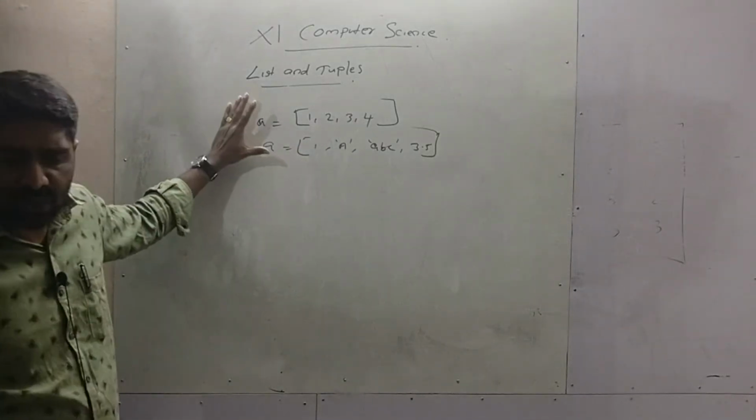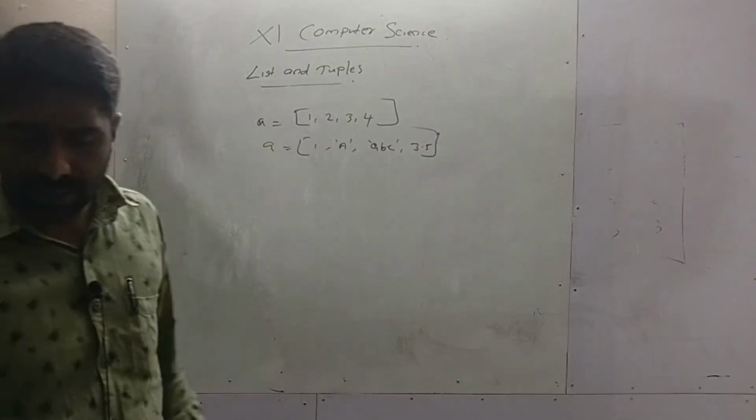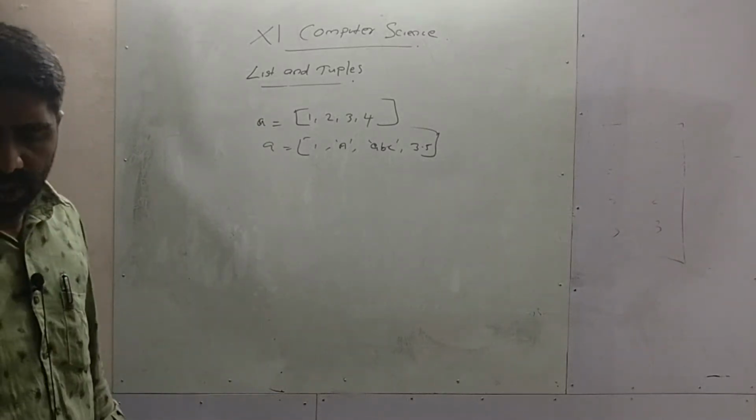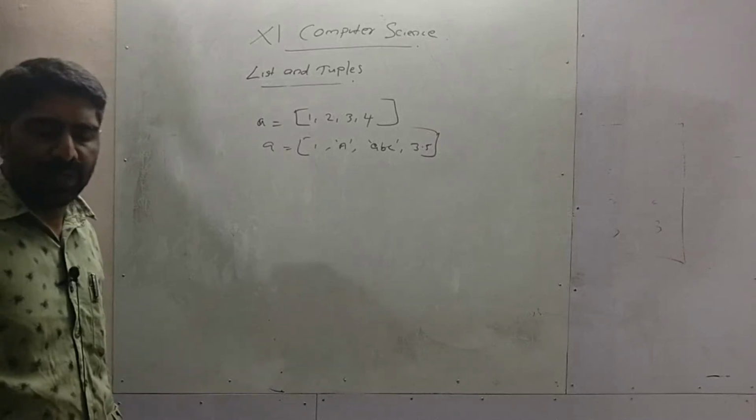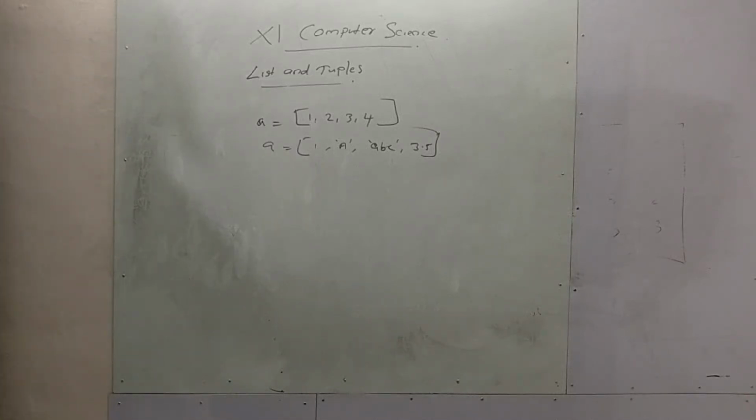So what is the definition of a list? A list in Python represents a list of comma separated values of any data type between square brackets.